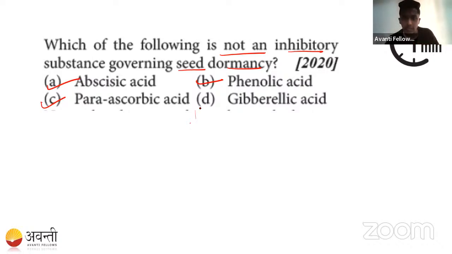Whereas when you talk about gibberellinic acid, it does not inhibit. It's not an inhibitory substance. All of these others participate in governing the seed dormancy. Understood? So they help in inhibiting seed dormancy, whereas gibberellinic acid does not participate in that. So our option is D. It's a very direct question.